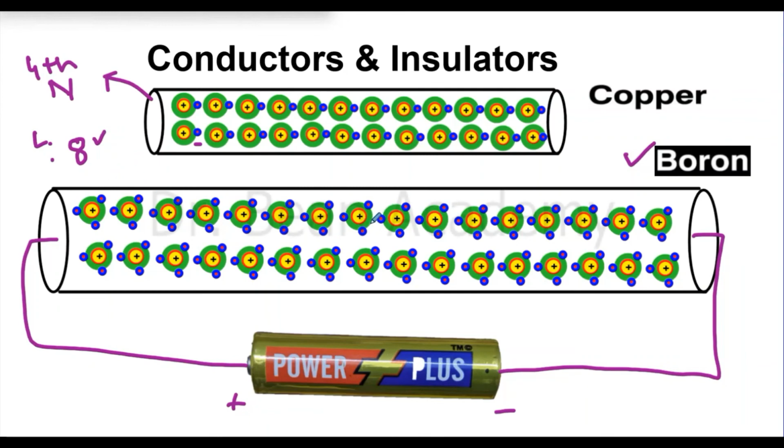But we have 3 electrons. So it is not completely filled, but it is not empty as well. So what would happen in this case?